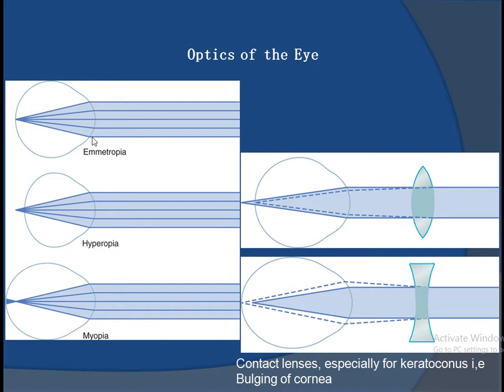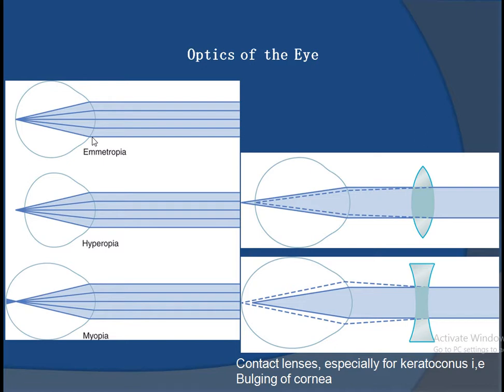But we have not discussed that the size of the eyeball also matters regarding the refractive power of the eye. Whether the eyeball is of small size, normal size or larger size, it also affects the refraction.